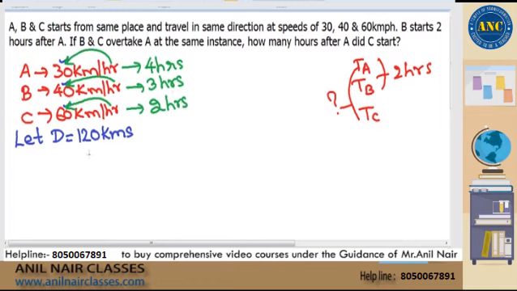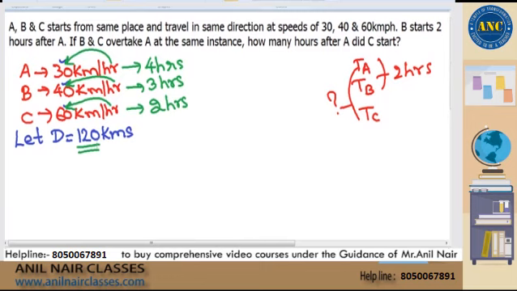Now who assumed this 120? I assumed this 120. Because of this 120 only I am getting this 4, this 3, and this 2 also. That means whatever is written on the screen as of now is according to my assumption.